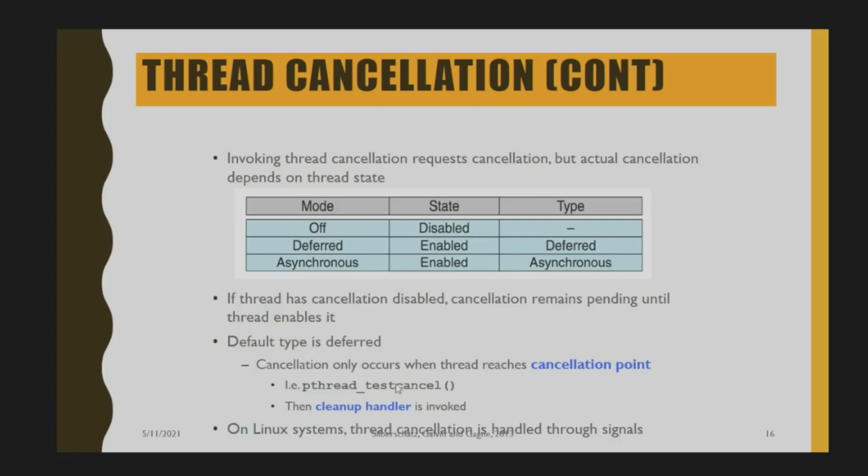If the thread has cancellation disabled, cancellation remains pending until the thread is enabled, and then we can cancel it. The default type is deferred, meaning that cancellation only occurs when the thread reaches a cancellation point, using the function pthread_testcancel. In the Linux system, thread cancellation is handled through signals.